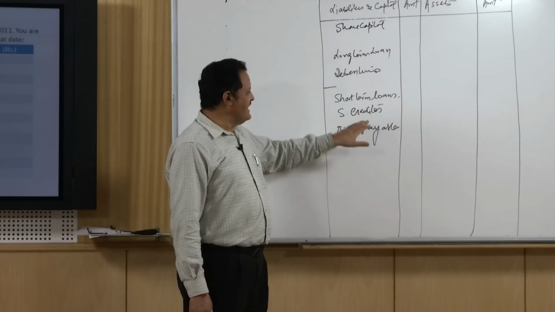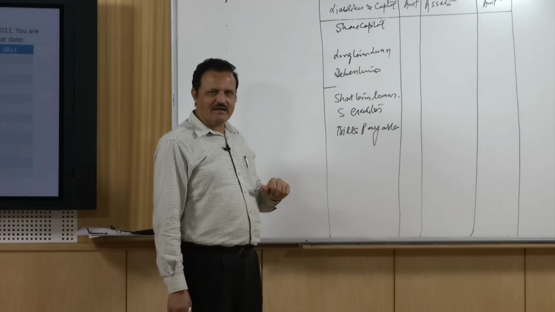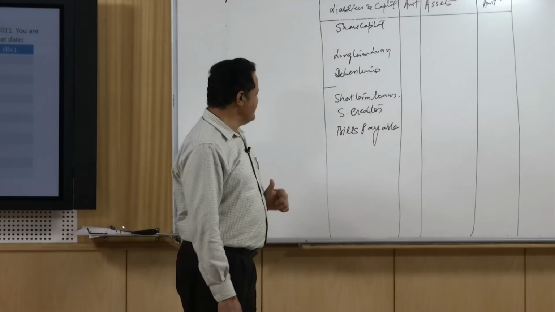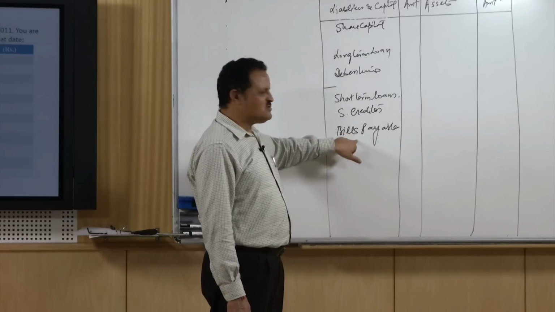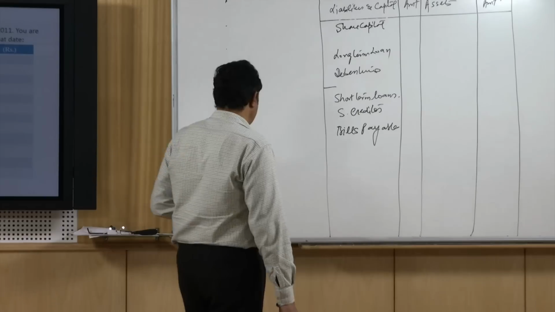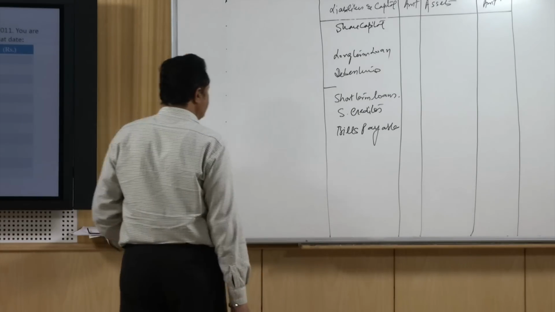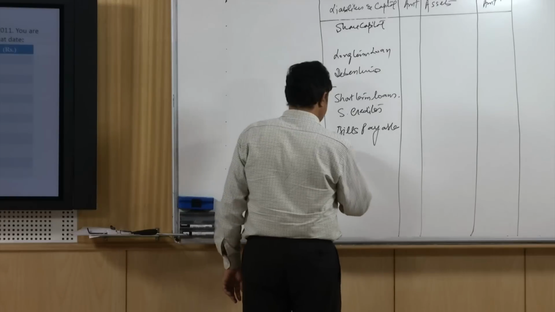So bills payable and creditors are two short term liabilities, which we take only for a few months. Bills payable are also like the sundry creditors. And then we can have some other kind of current liabilities, maybe any kind of outstanding expenses.